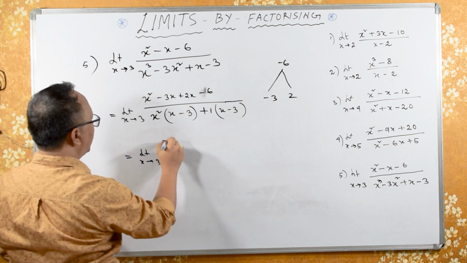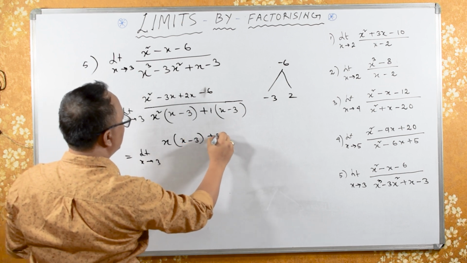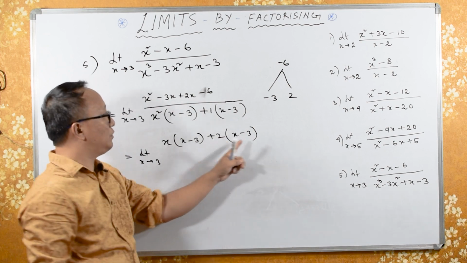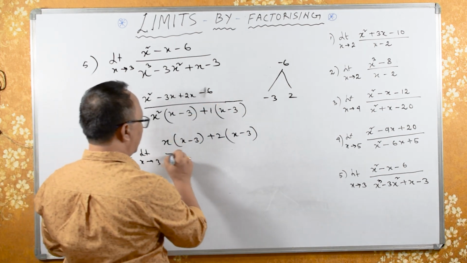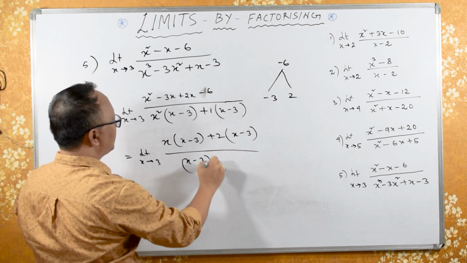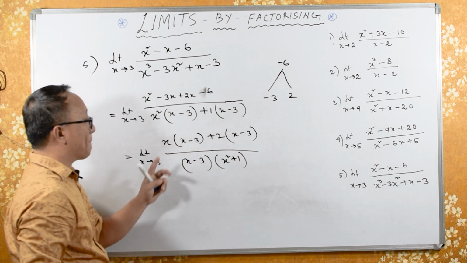From here, I can take x common, x minus 3 plus 2. If I take, I'll get x minus 3 because 3 2s are 6, minus 6. Similarly, here I can take x minus 3 common. If I take x minus 3 common, I have x square plus 1.